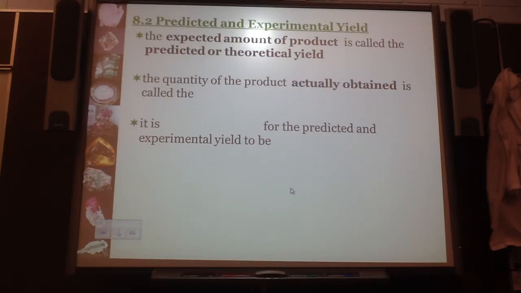The quantity of the product actually obtained, so like if you did an experiment, what you actually measured out, is called the experimental or actual yield. Which makes sense because it's what you get if you did an experiment.